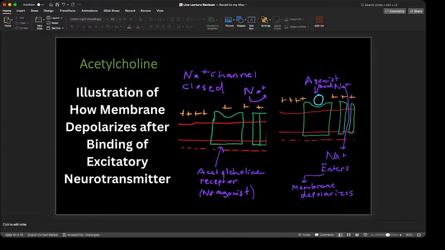It's not going to depolarize the cell membrane. But whenever it is bound to an acetylcholine agonist, then it's going to allow the sodium to enter into the membrane and then cause an action potential. So, things like that, they're just very basic concepts, but at least you guys can see how processes like this work.